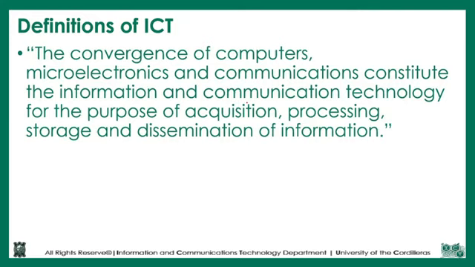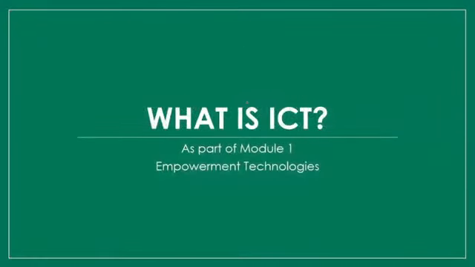Putting all of these ideas together, ICT is the convergence of computers, microelectronics and communications that constitute the information and communication technology for the purpose of acquisition, processing, storage, and dissemination of information. Now, that is defining ICT.